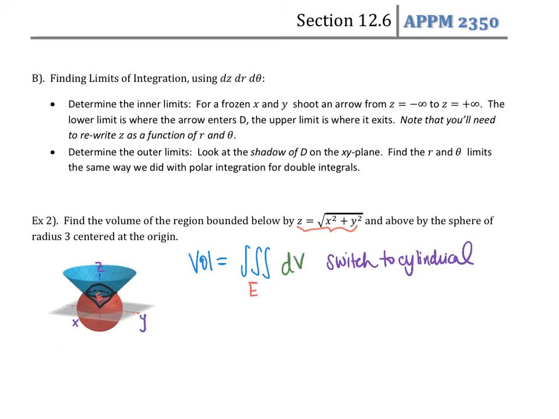The other reason we know this is a good candidate for cylindrical is that when I look at the shadow of this region on the xy plane, it's going to be a circle. That tells us cylindrical is the natural coordinate system because it's basically polar with z as my third coordinate. So go ahead and take a second and, based on this, see if you can set up the bounds for this integral.